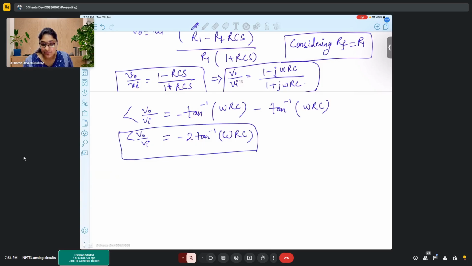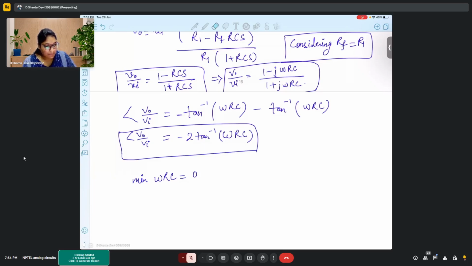Now here, when this is the phase, what can be the minimum and maximum values that you can get out of this phase, right? So what is the minimum of omega RC?